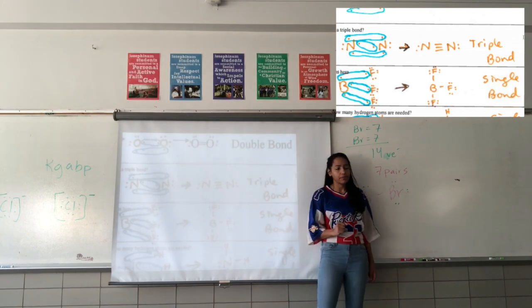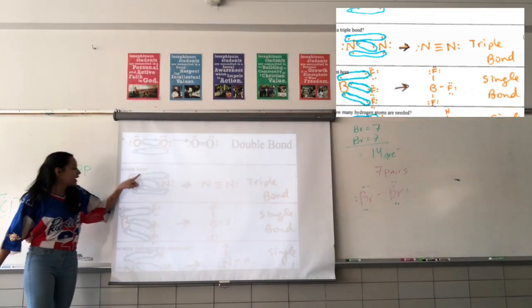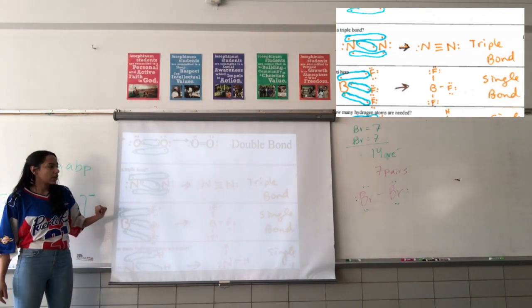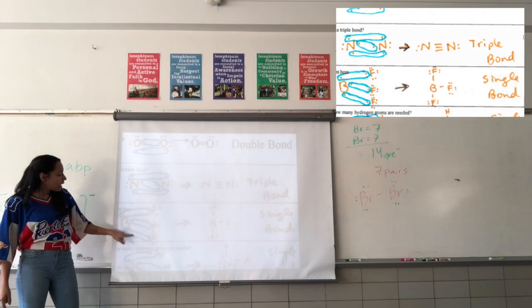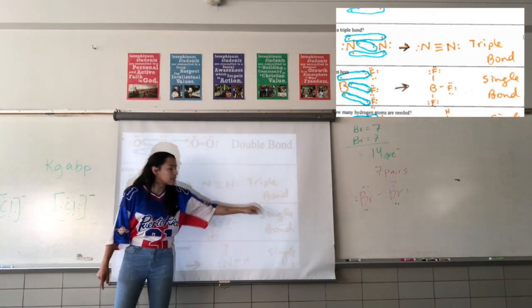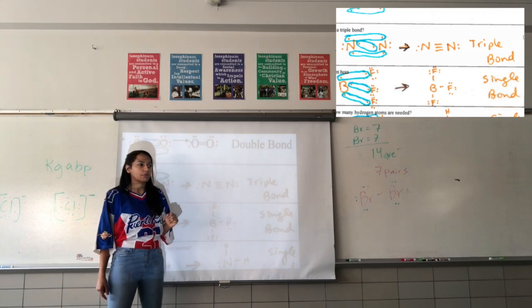Somebody tell me why. Look right here for nitrogen. I have 3 bonds right here, so I call this a triple bond. But I also have 3 bonds right here. Why is this a single bond? Why did I classify that as a single bond versus a triple bond?